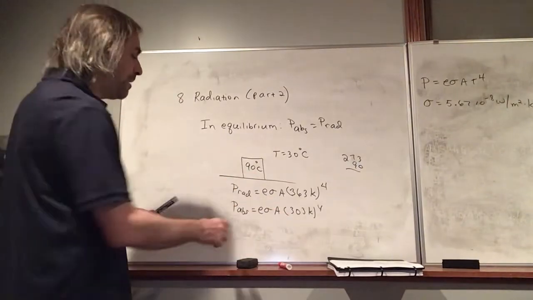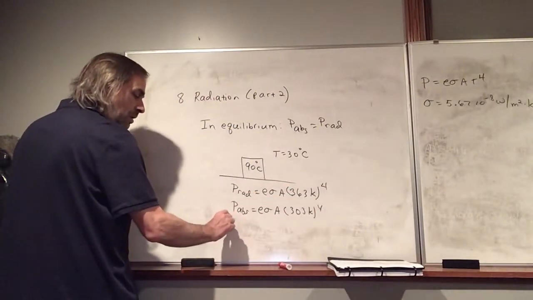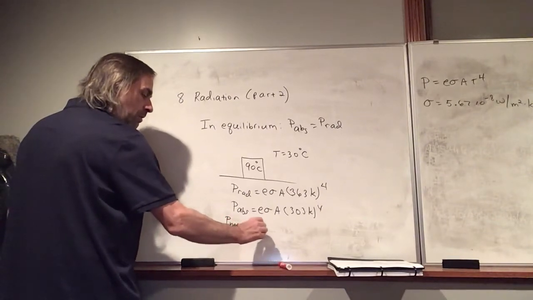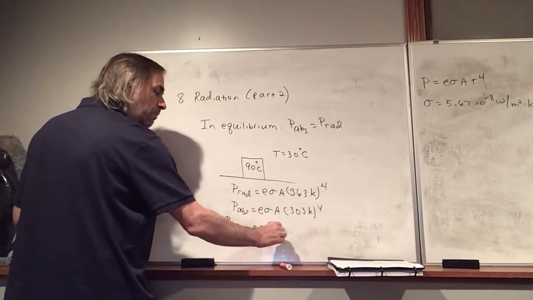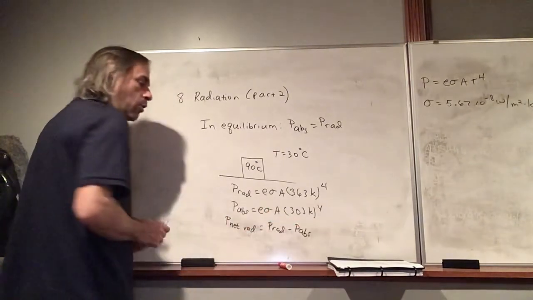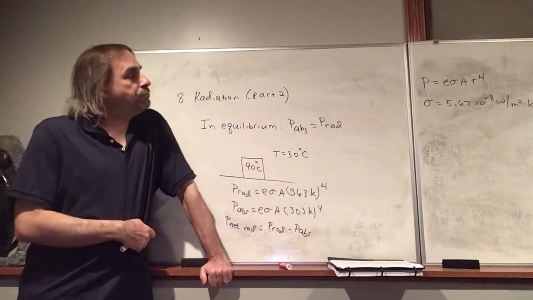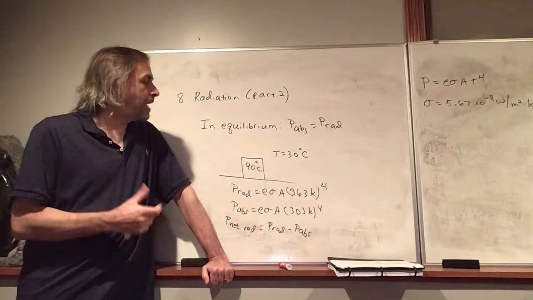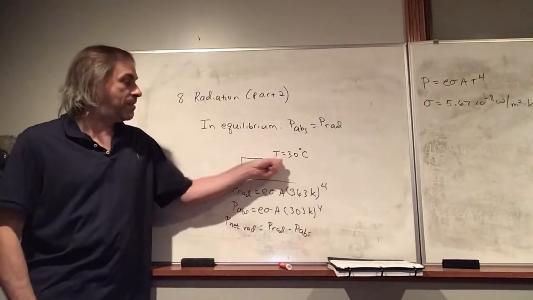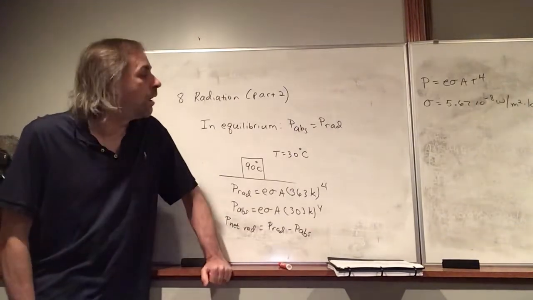And so the net power radiated would be the power radiated minus the power absorbed. So just this observation that the rate that something is absorbing energy depends on the temperature of the room, whatever its surroundings are.